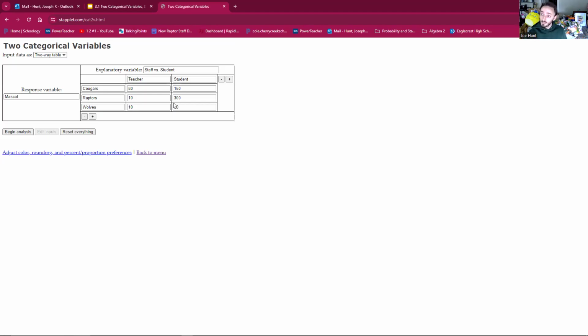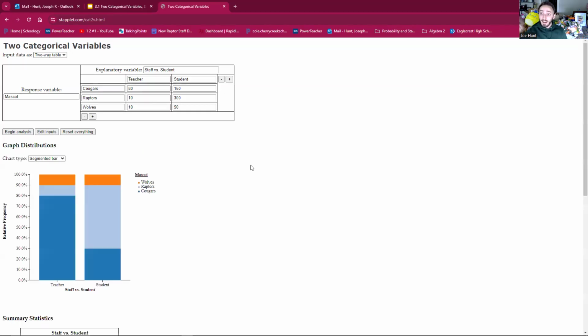Our initial assumption was incorrect because it wasn't a 50-50 split between students and staff. It was actually a 5-to-1 ratio. For every teacher vote there were 5 students voting to counteract it. Now, if I take a look at some of the results now in this, you're going to notice that the Raptors are having a much better time in, say, a segmented bar chart.